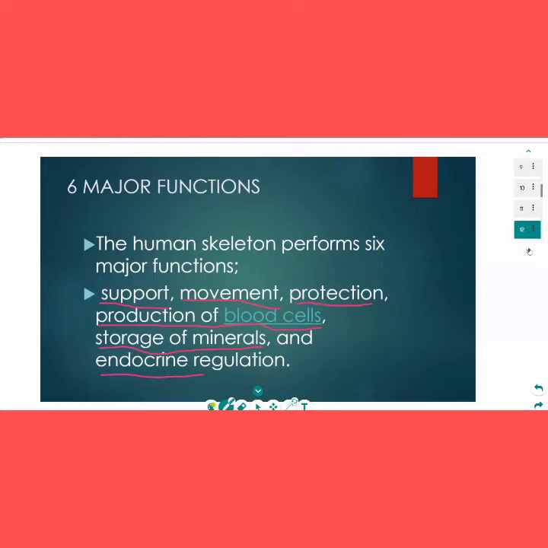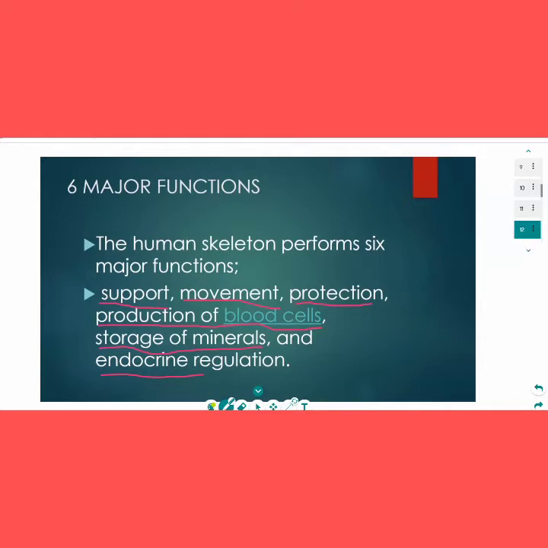I told you, for the movement of our body, the bone has to support the muscles. So the main function of the bone is supporting our body. Then for movement also the bone supports us. If we have to walk from one place to another, our bones have to support us, isn't it so?